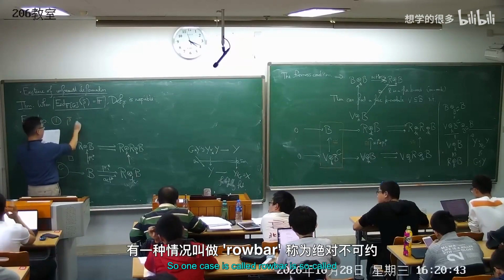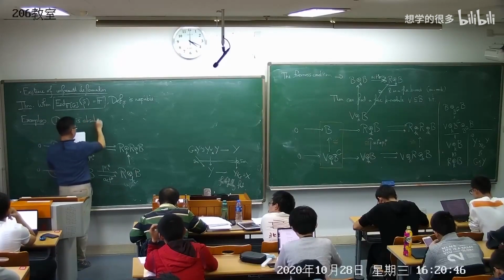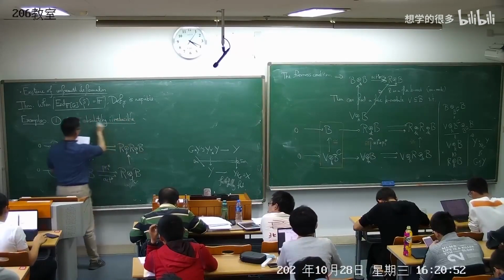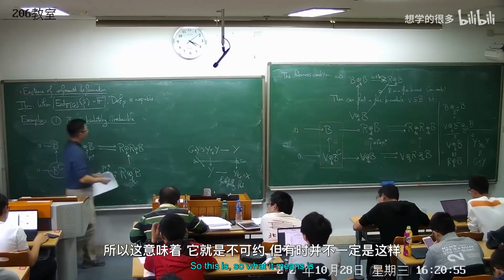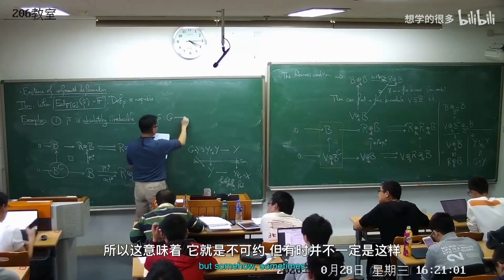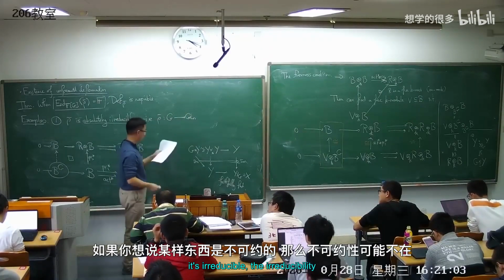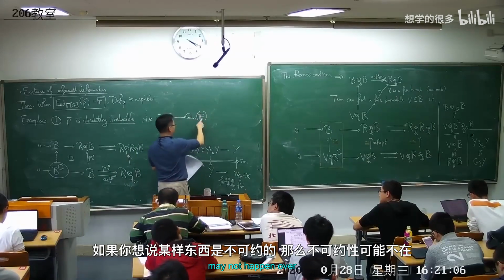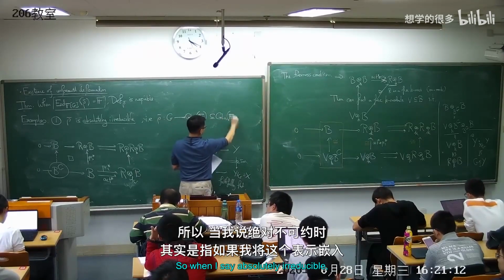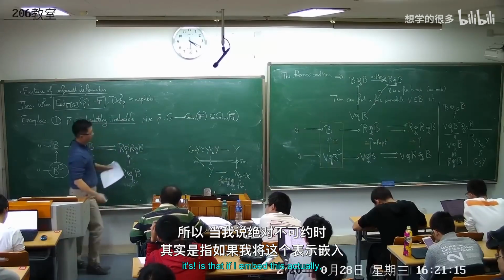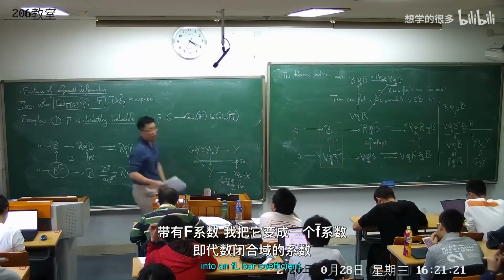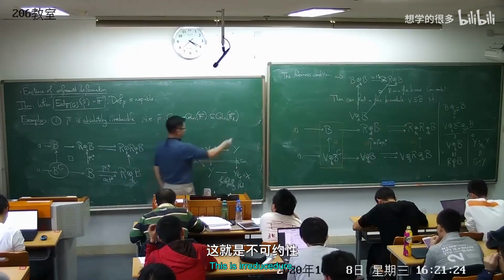So one case is when rho bar is so-called absolutely irreducible. It just means it's irreducible, but sometimes the irreducibility may not happen over the coefficient field F. So when I say absolutely irreducible, I mean that if I take this representation with F coefficients and make it into an F bar coefficient, algebraically closed field coefficient, it is irreducible.